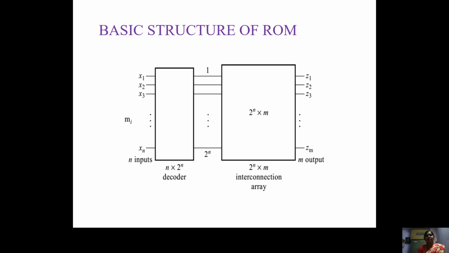This decoder contains n input lines, whereas it is able to provide us 2 power n output lines, which are used to select any of the 2 power n locations. And at the output line, an m-bit output word is accessed.